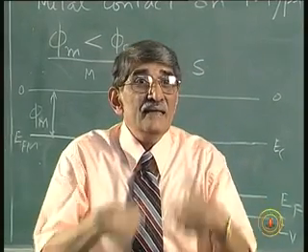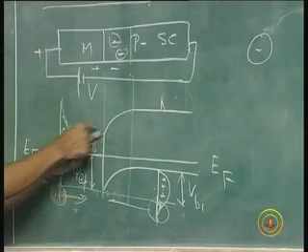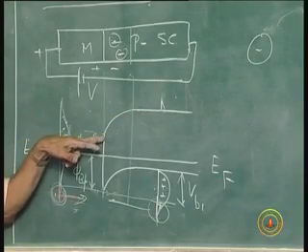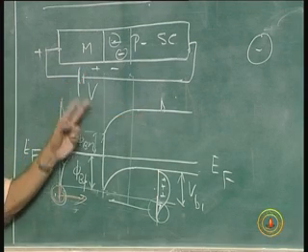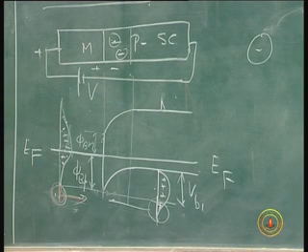That polarity is aiding the built in potential. Built in potential is plus here, minus here. When the energy band diagram goes down, that is positive, positive, negative here. If I apply V, that is adding on to that. If it adds on to that, what happens to the energy band diagram?